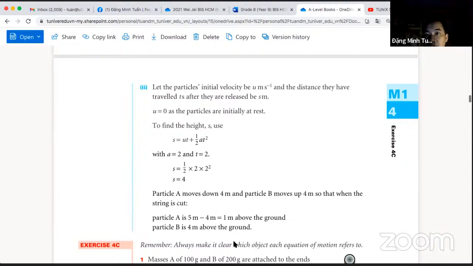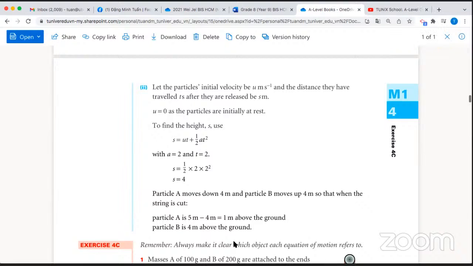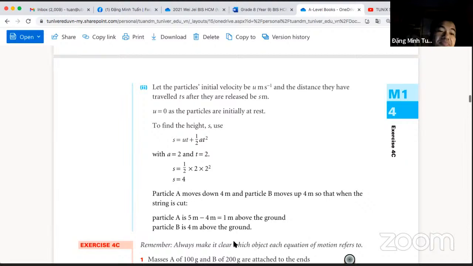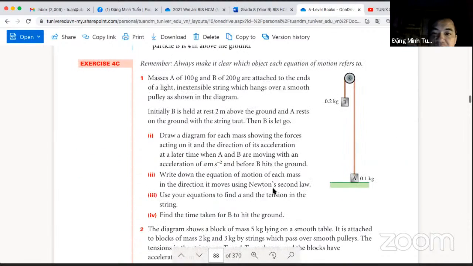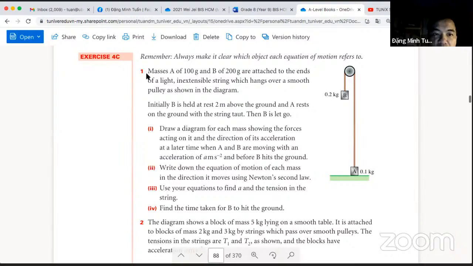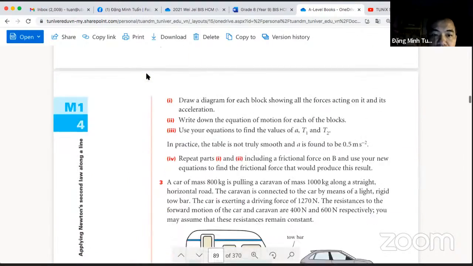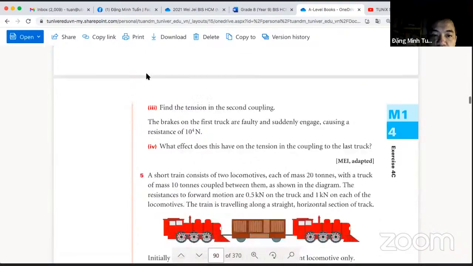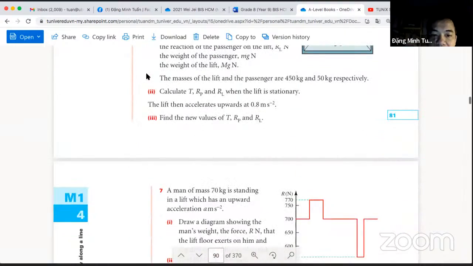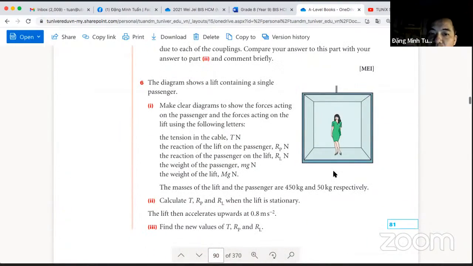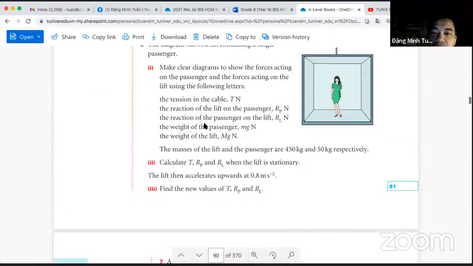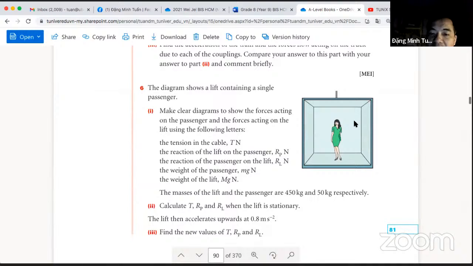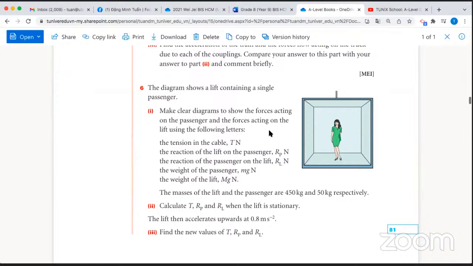Do you have any question about this one? No. Okay, fine, great. So now for you, practice exercise 4C for me. In 4C here we have 1, 2, 3, 4, 5, 6, which describe this kind of single-object situation, as in the previous example I explained for you.